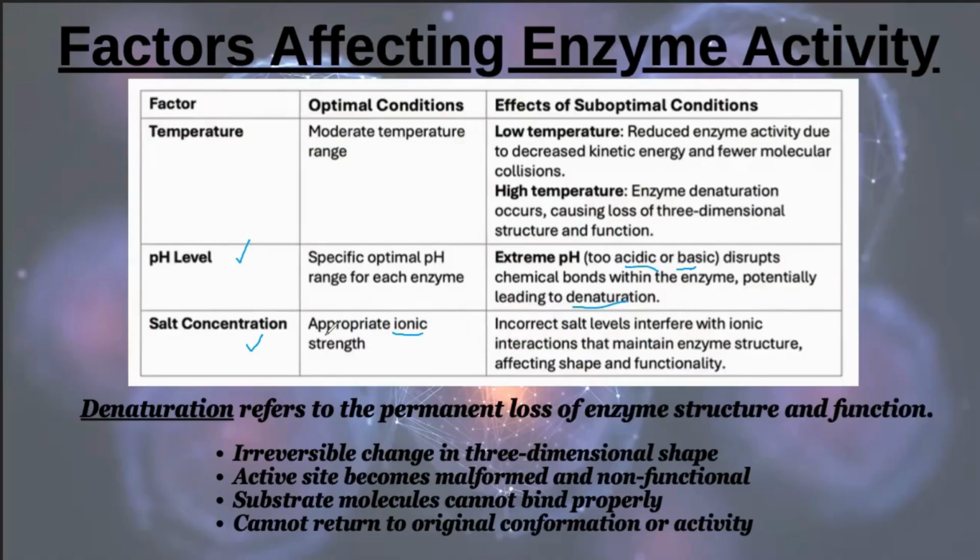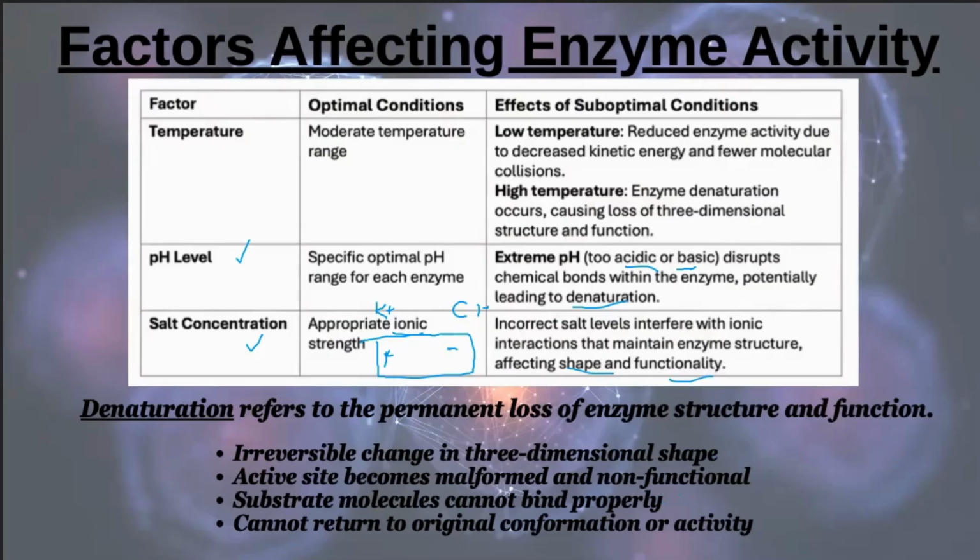So going back to chemistry, if you look at the periodic table, ionic is if you have a plus and a minus, all the charges. If the interactions can't properly bind to each other with the pluses and the minuses, so if you have some chlorine and some potassium ions and they're not able to interact properly, that's going to affect that shape and functionality.